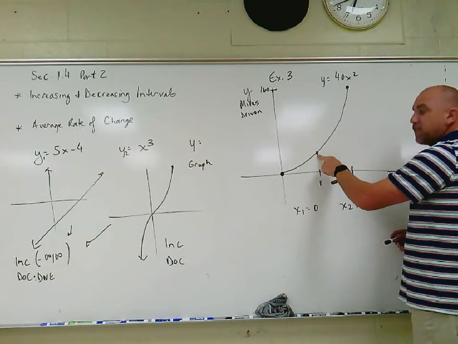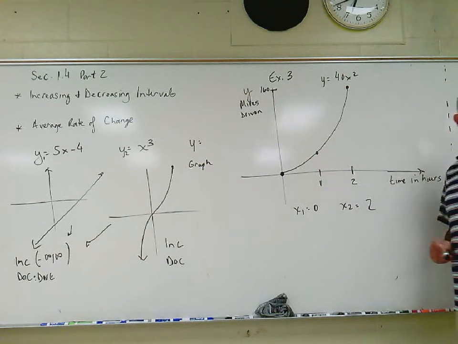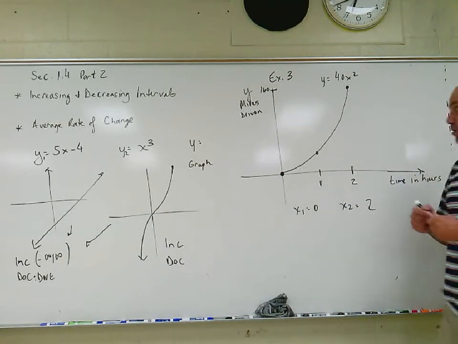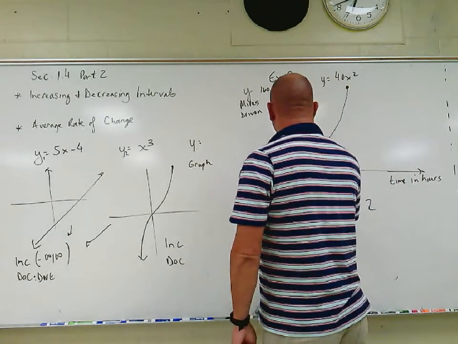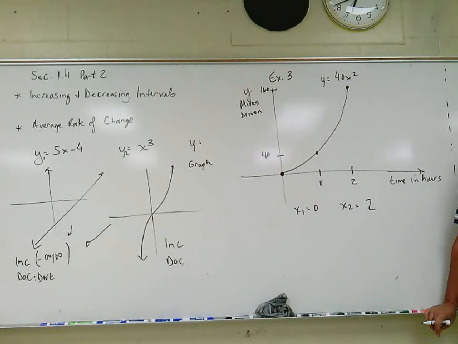I do know this, after 1 hour, it's traveled how far? How'd you get 40? Plug in. It's gone 40 miles. So, is it moving very fast over the first hour? No. So over a 2-hour trip, the car's speed may change, but there's still an average speed. On average, it's traveling this fast, and that's what we're going to calculate.